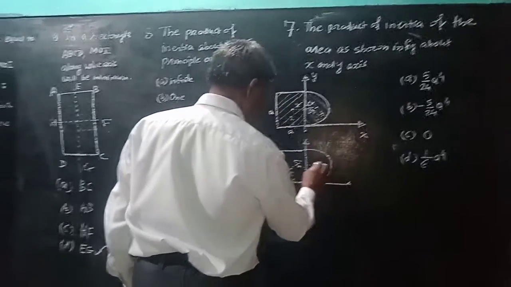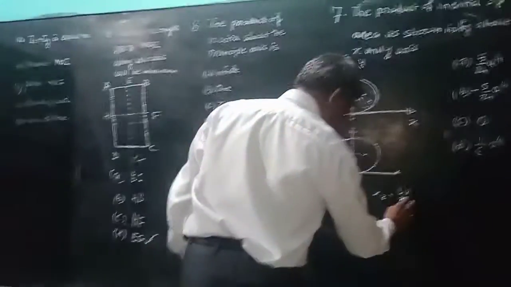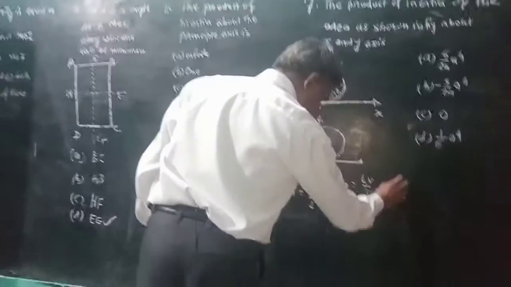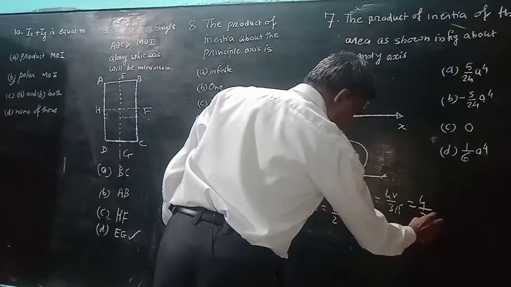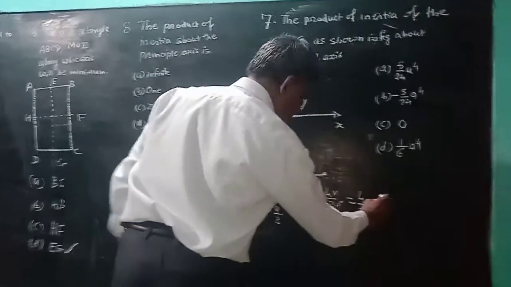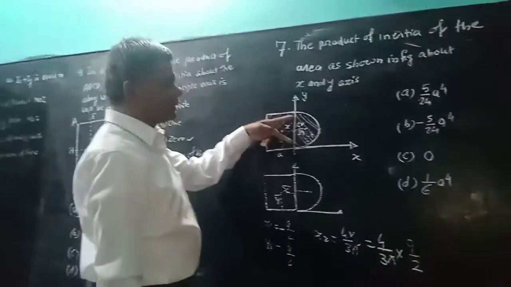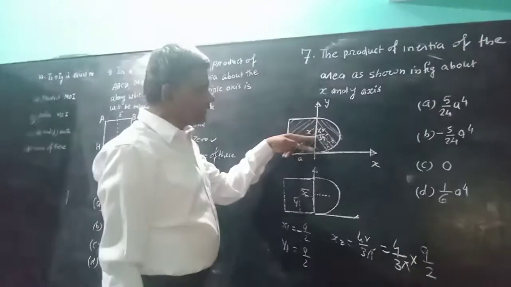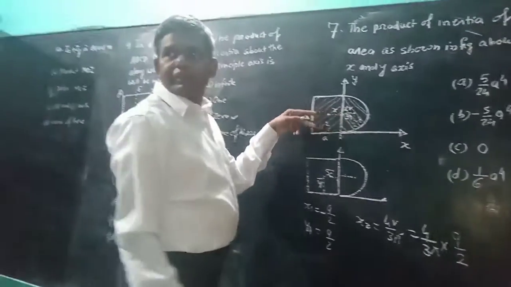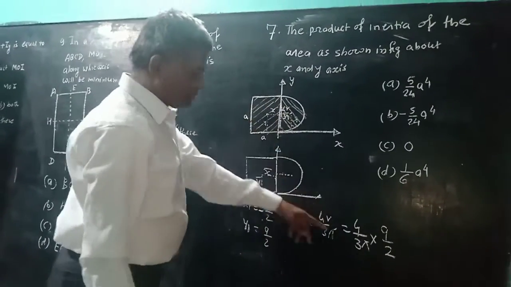So this distance x2 is equal to 4r upon 3 pi, where r is equal to a by 2, because a is the diameter of the circle and r is the radius of the circle. This is the diameter a. So therefore r is equal to a by 2.